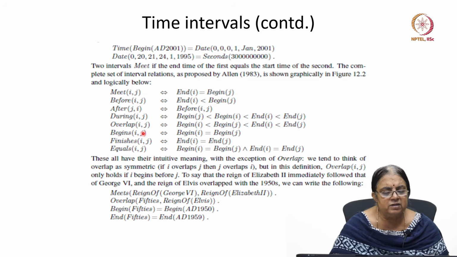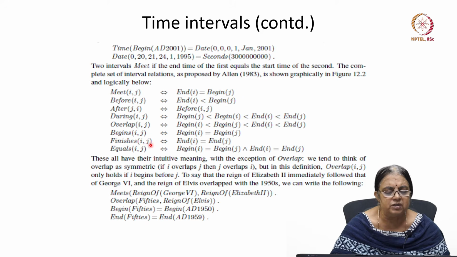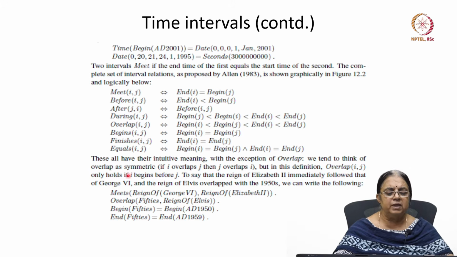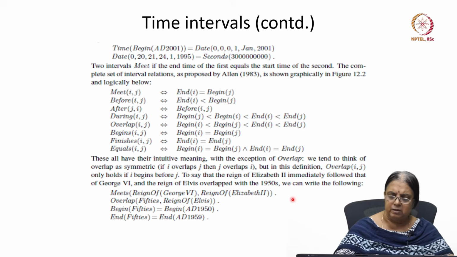And begins i, j means that they begin at the same time; finishes, they end at the same time; equal, so the beginning is equal and the end is equal. So you could use these predicates: meets reign of George the Sixth, reign of Elizabeth II; overlap 50s, reign of Elvis; begin 50s equals begin AD 950, etc. So these are some ways of taking care of time.